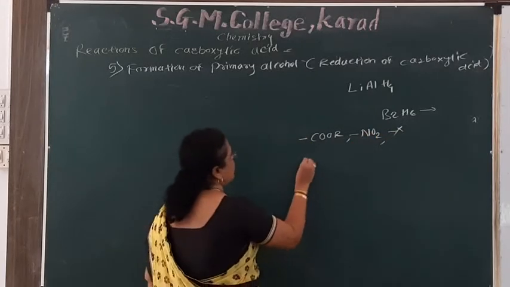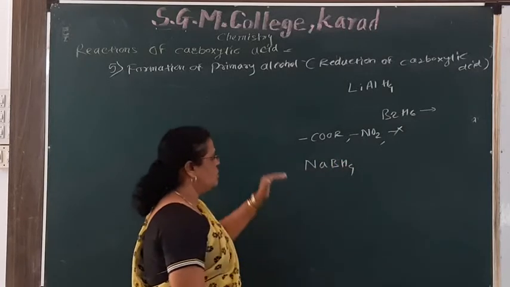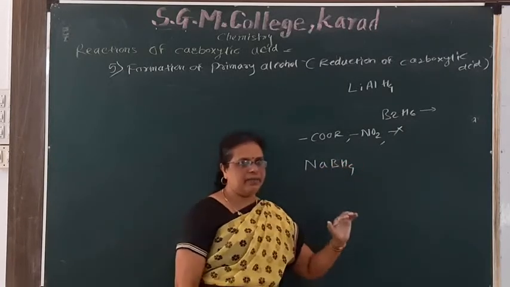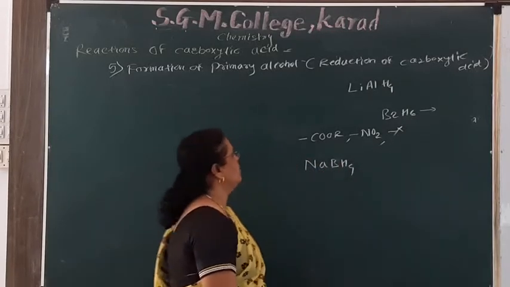Also NaBH4, sodium borohydride, reduces carboxylic acid.